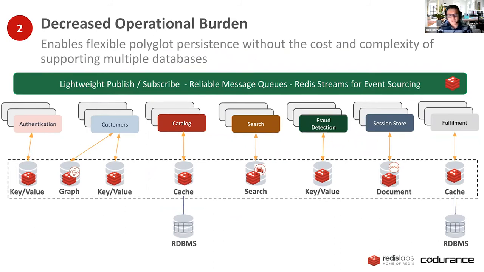Now, speed to value is a path to relevant growth for businesses today. In that regard, developers may choose different data models and databases when this makes it simpler to implement whatever they're trying to solve. For example, they may choose to use graph databases to make it simpler to build their fraud detection services, or key value to make it simpler to implement their authentication services, or document databases to implement user sessions, just to name a few examples.